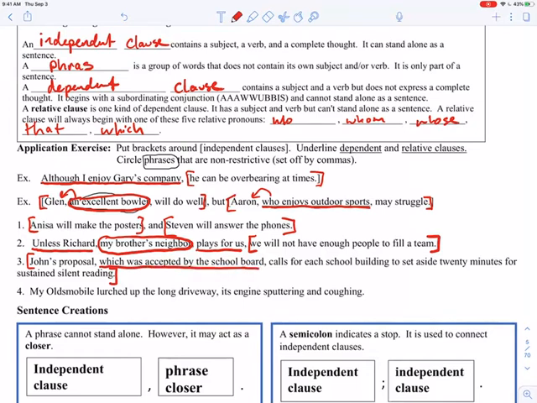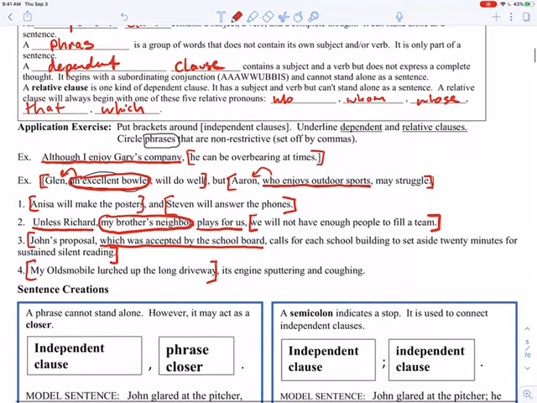Lastly, number 4, my Oldsmobile lurched up the long driveway, its engine sputtering and coughing. This one looks like an independent clause, and this looks like a phrase modifying it.